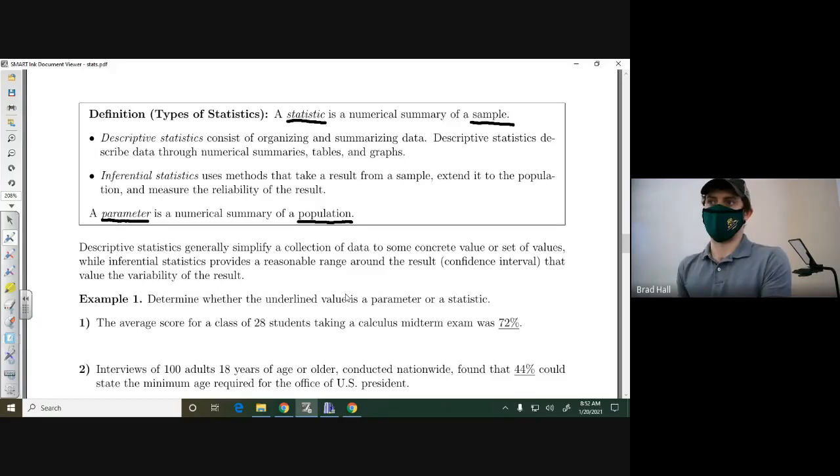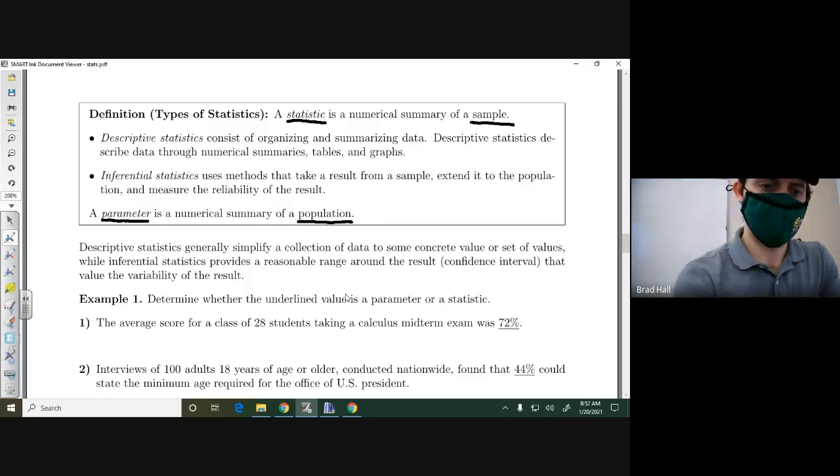So a parameter would be, let's just say you were able to get the result from every single person in your population. It's easier than it sounds if your population is small. The average grade of a student in my 241 class, I can get all of your grades very easily. I don't need a sample for that. There's only 24 of you in this class.